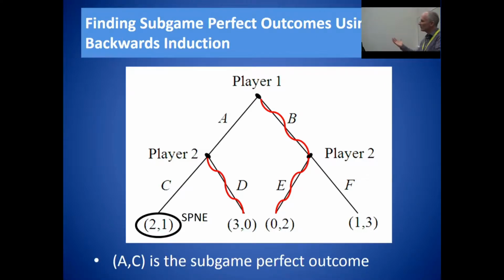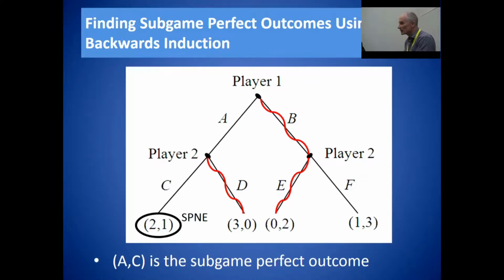Now I'll bandy the terms around, subgame perfect outcome and subgame perfect Nash equilibrium, because essentially they are the same thing. As we've shown previously, any outcome that is subgame perfect is also a Nash equilibrium. So every single subgame perfect outcome is a Nash equilibrium.